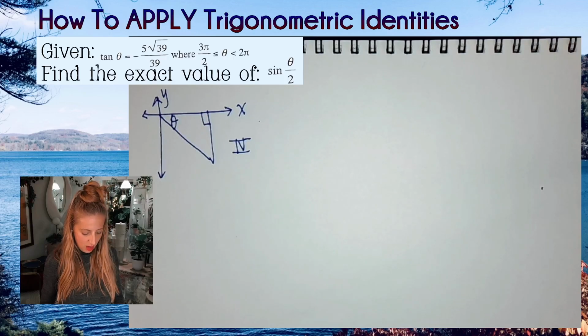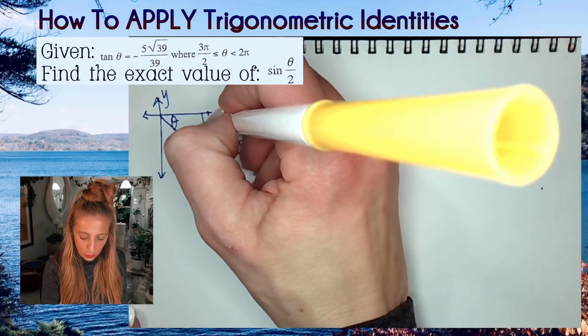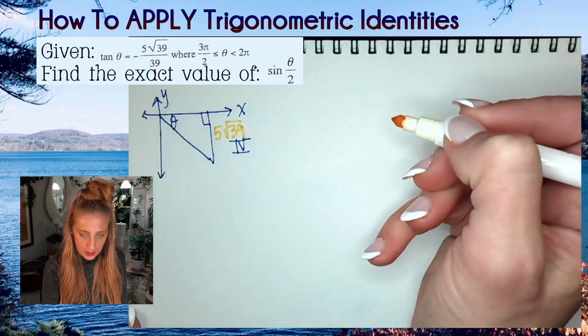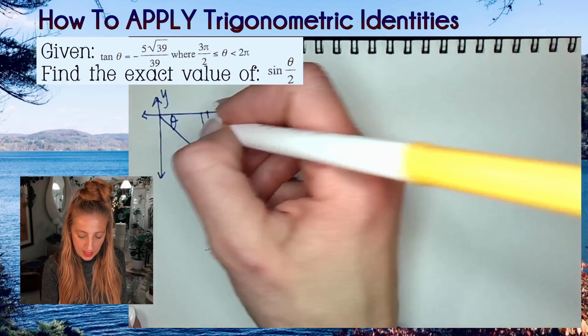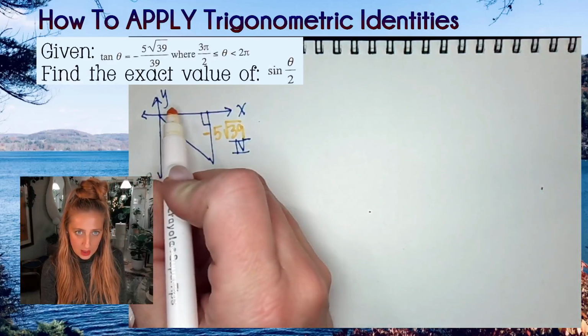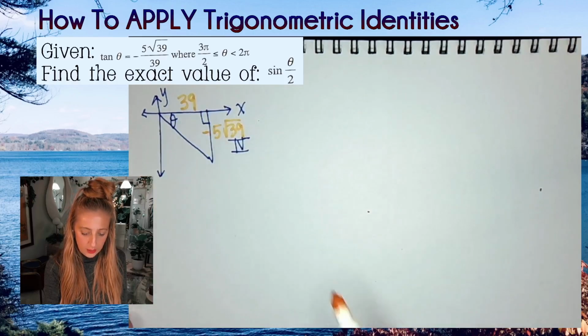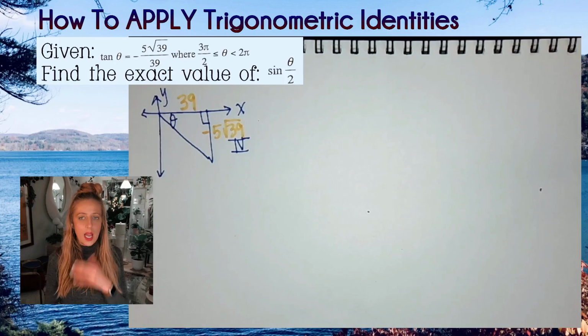Opposite over adjacent, so I can think of this side as 5 root 39. It's negative because we're going down, right? And then that makes the adjacent side 39.